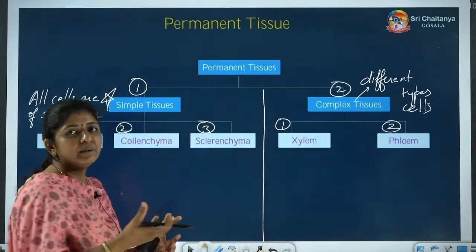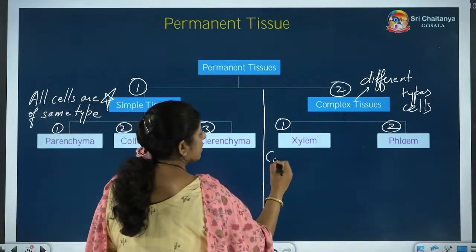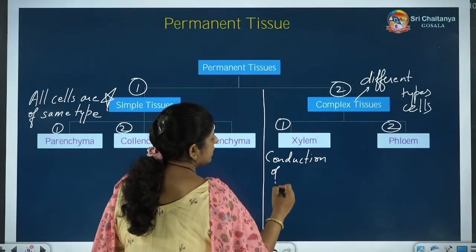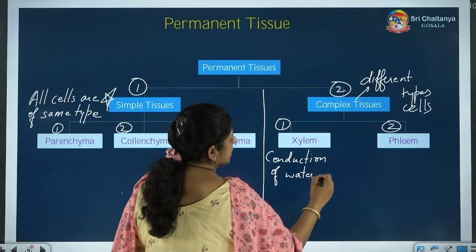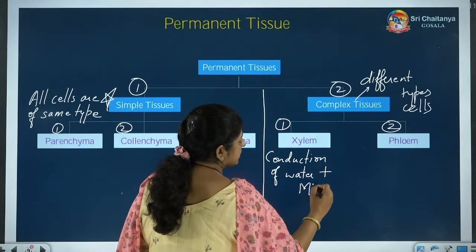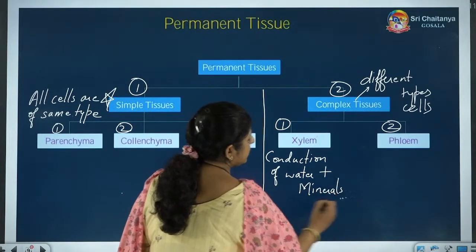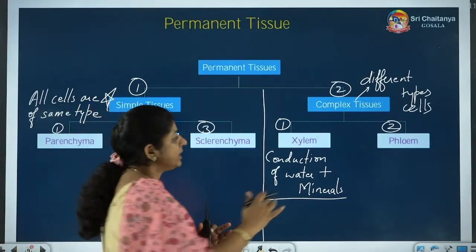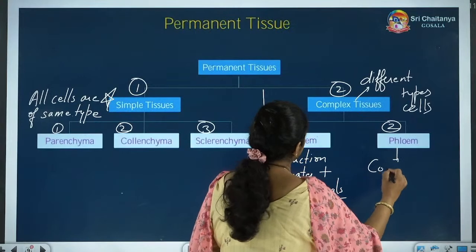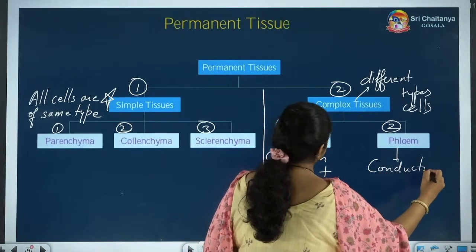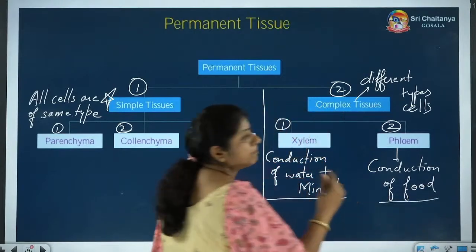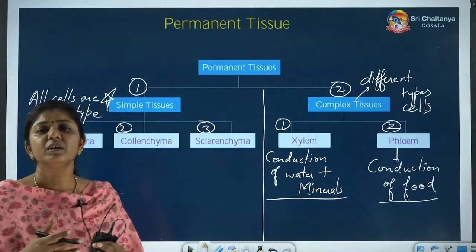You know that xylem helps in the conduction of water and minerals, from the roots to the upper part of the plant. Whereas phloem helps in conduction of food. Now tell me, which part of the plant is forming the food?